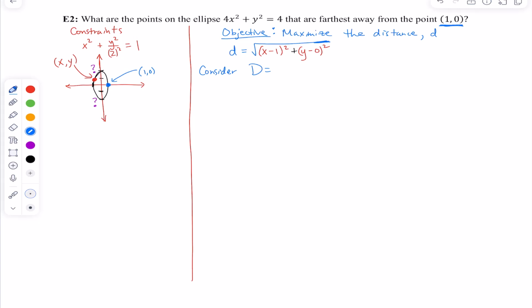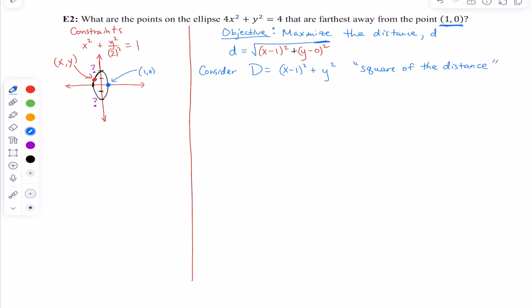It's simply going to be the square of the equation above. So I'm going to have x minus 1 quantity squared plus y squared. And this is actually called the square of the distance. So instead of trying to maximize the actual distance, we're going to try to maximize the square of the distance. And this is going to be much more useful.